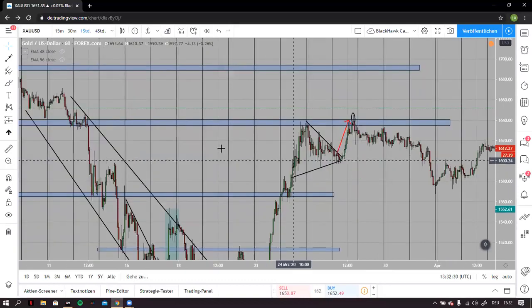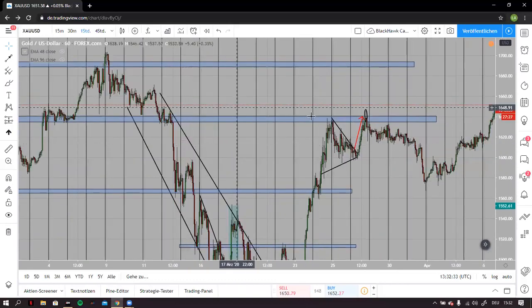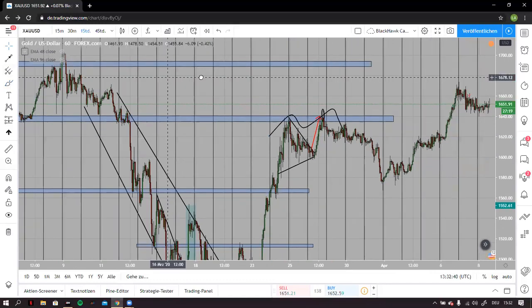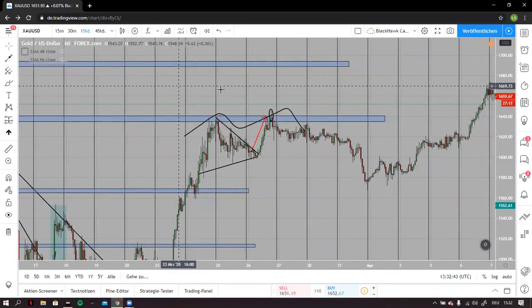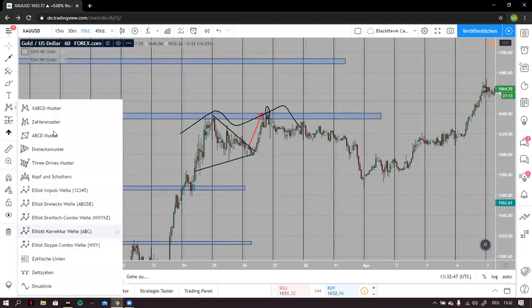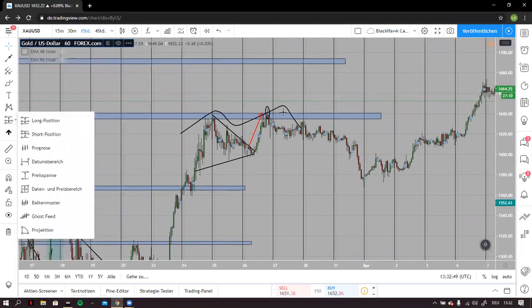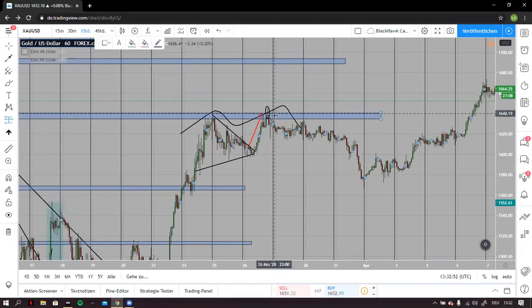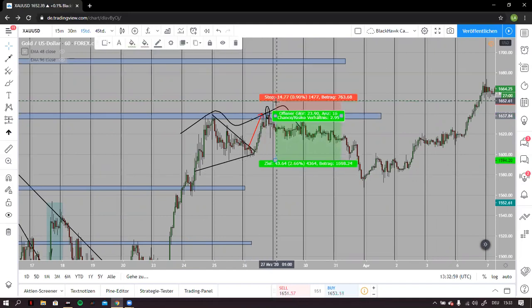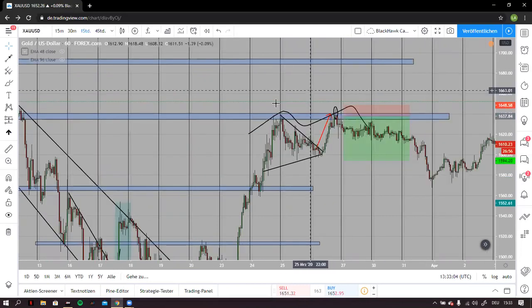So if you get another entry, which is also, by the way, a multi-session M formation, another valid point for us to sell, another confirmation for us to sell, you could easily get, if you're selling at this point, 430 pips, which is a 1-to-4 risk-reward ratio.